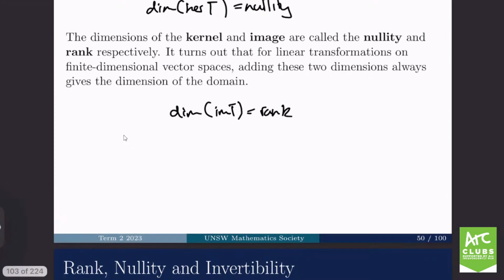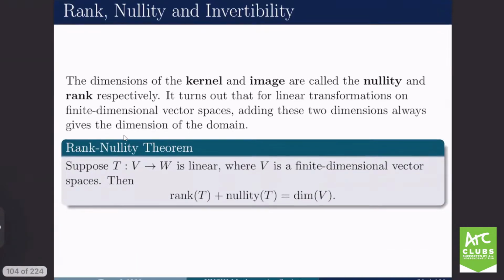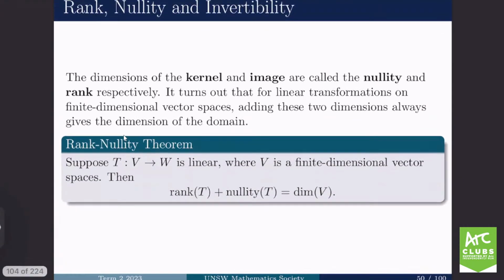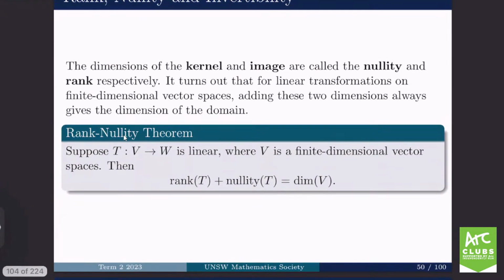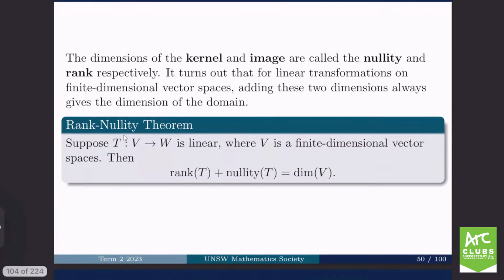One particular reason these are useful is the rank nullity theorem. If we add the rank of T and the nullity of T, we always get the dimension of the vector space V, which is the domain of T.